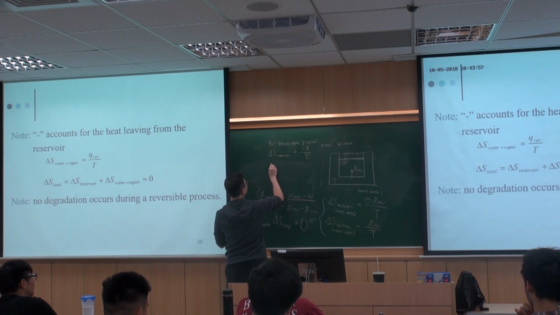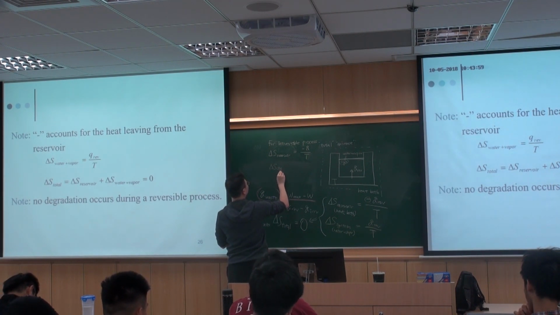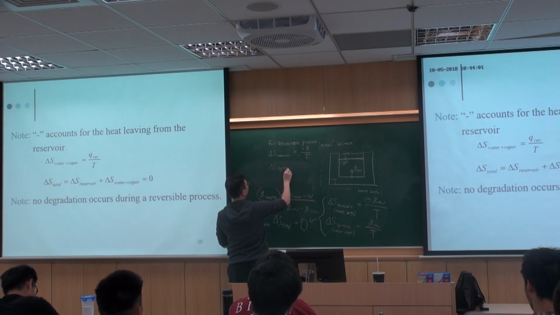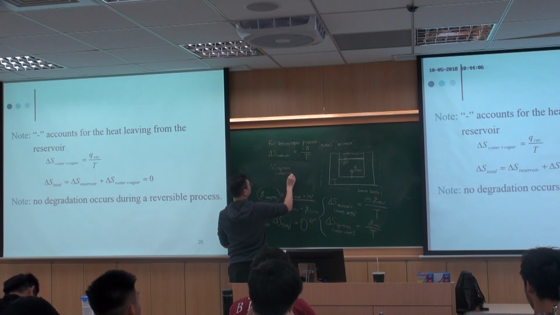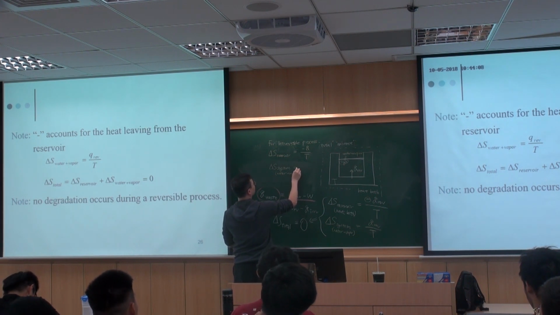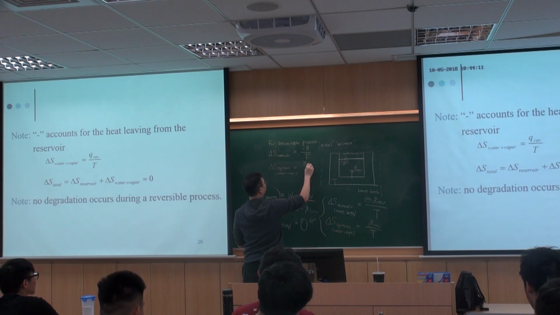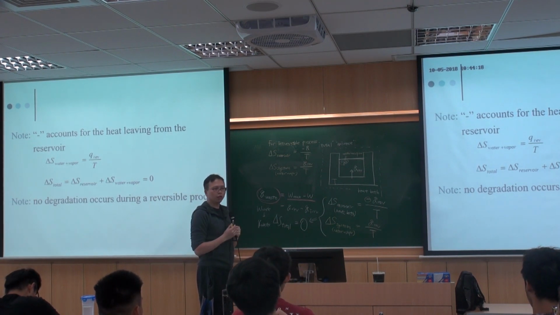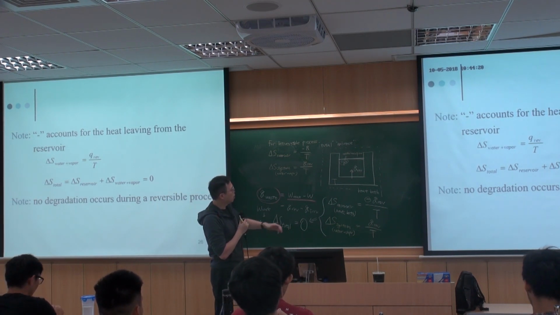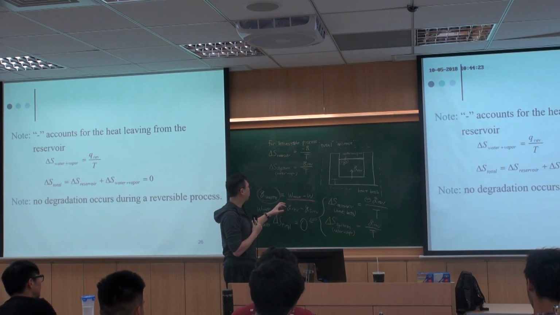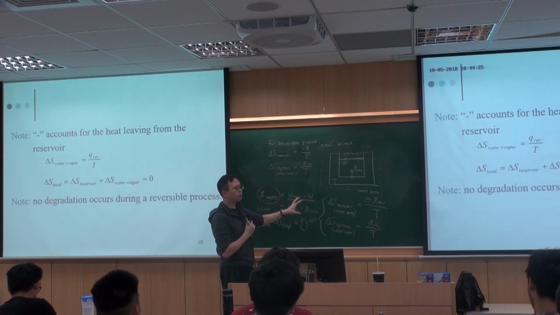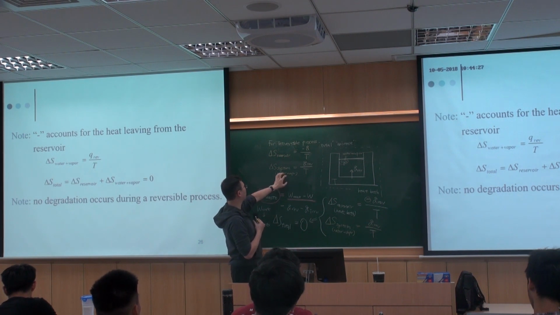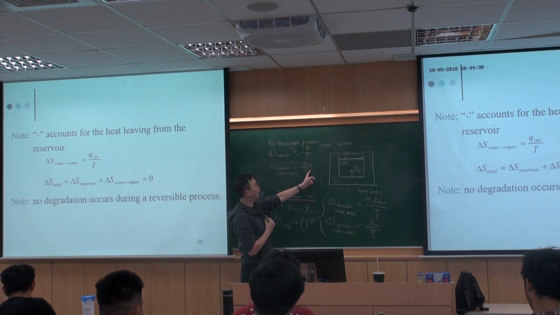However, the system, or you can say the water plus vapor, is still Q reverse over T. Because the system goes through the same state change, right, from state A to state B. So for the system, this is still the same.